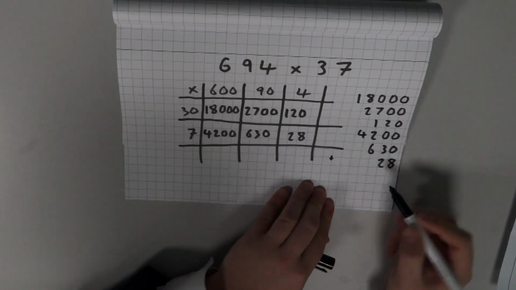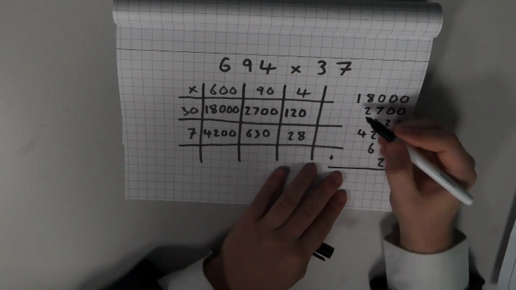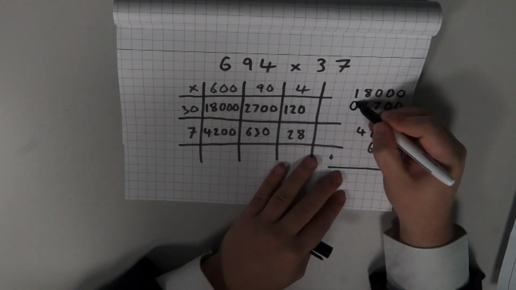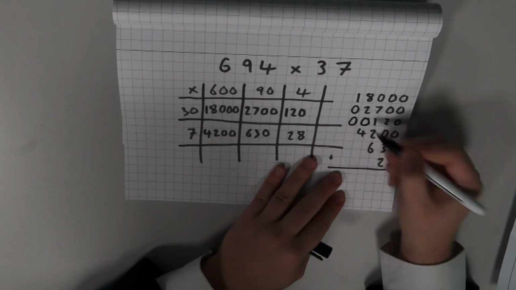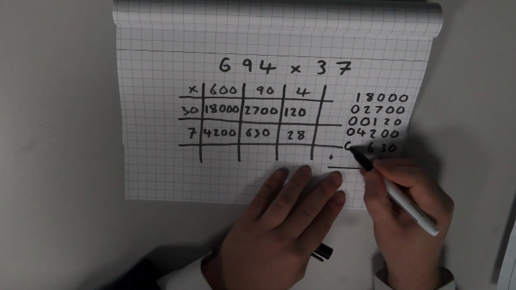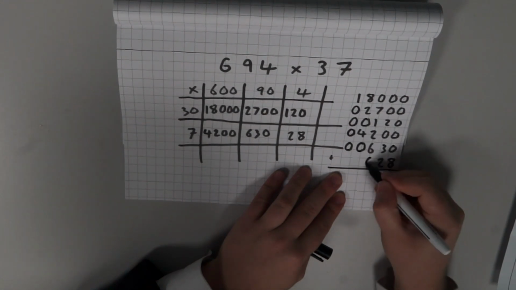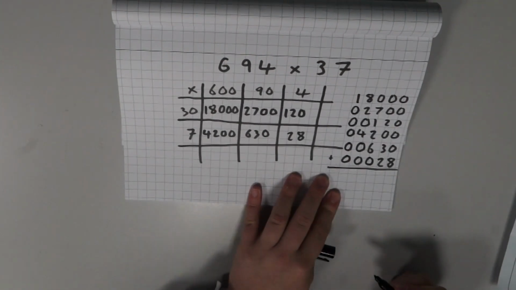Okay, I'm adding these up. So again, to help me out, I'm going to put in my placeholders of 0. So I need 1 there, I need 2 here, I need 1 there, 2 here, and then 1, 2, 3 there, and that's going to help me out when I'm adding it up.